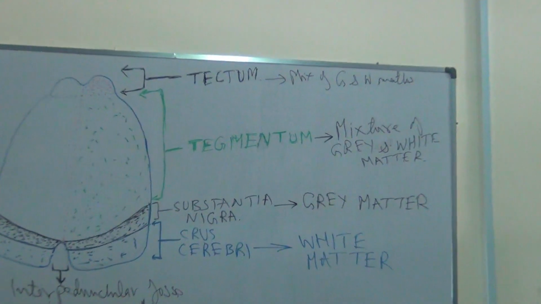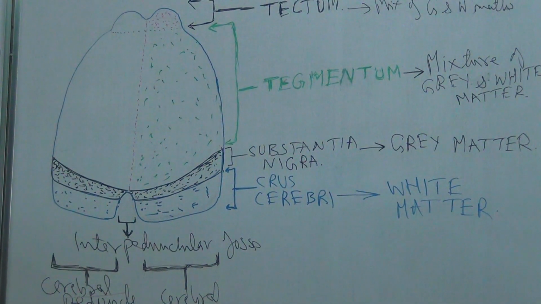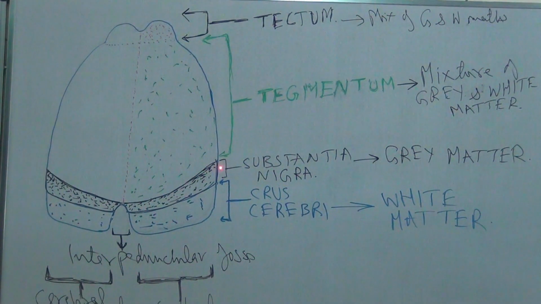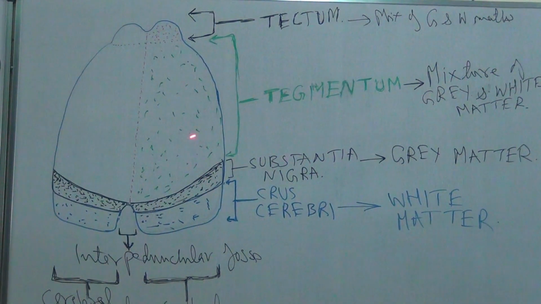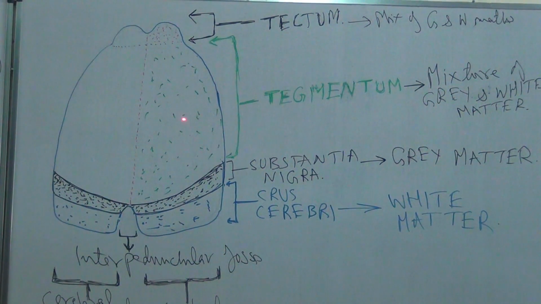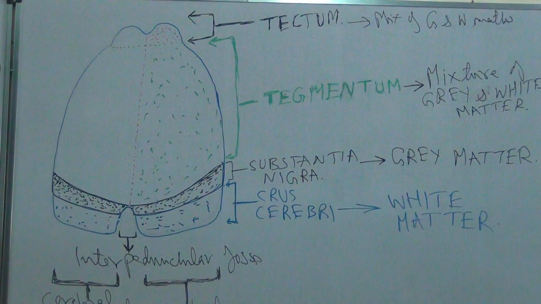So structurally, each crus cerebri is just white matter comprising nerve fibers only. The substantia nigra is a mass of gray matter only, while tegmentum and tectum are a mixture of both gray matter and white matter.